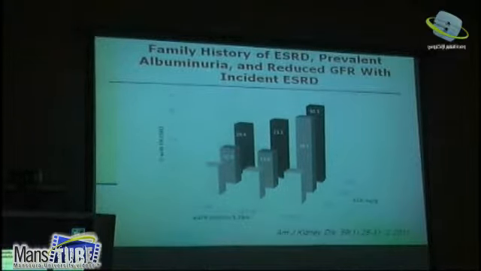Another important point that I want to stress: when we take a history from a patient with CKD, or from a patient in the nephrology ward, we should ask the patient about a positive family history.